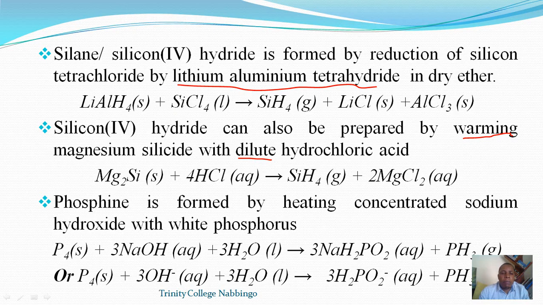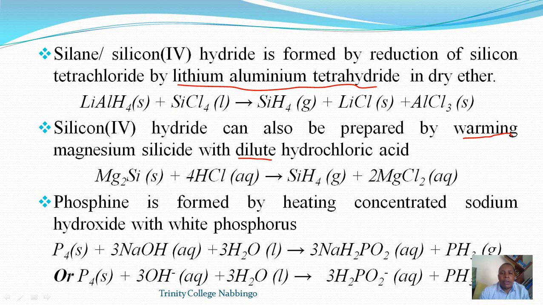Notice, magnesium silicide is prepared by directly heating a mixture of magnesium and silicon. So that's how we prepare our silane, in a reaction between magnesium silicide and dilute hydrochloric acid.